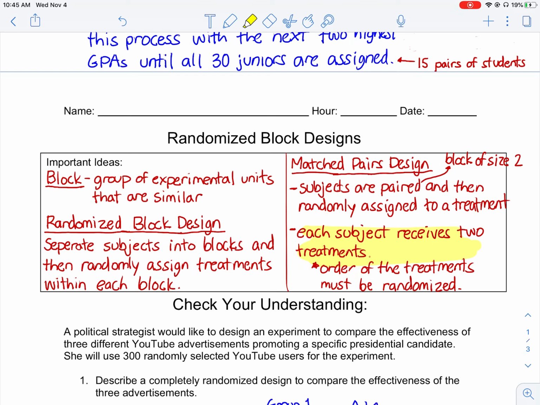Okay, then moving on. A political strategist would like to design an experiment to compare the effectiveness of three different YouTube ads promoting a specific presidential candidate. She will use 300 randomly selected YouTube users for the experiment. When we say YouTube users, it could range from kids, to young adults, to old people, right?